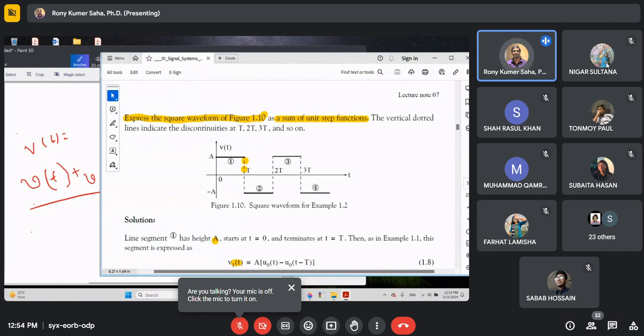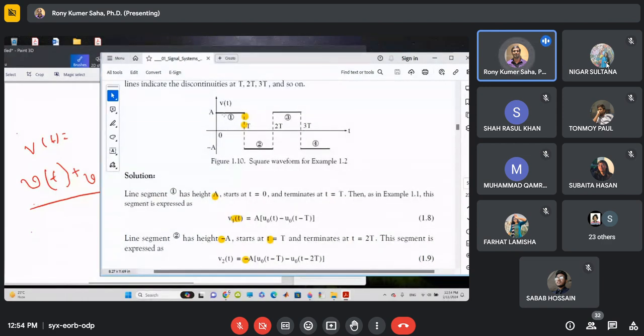If you know the Fourier series response of the unit step function, that's fine. You just have to change some parameters. Like this one, you can represent u(t) minus u(t minus T). So you have u(t) from here and u(t minus T) from here, these two cancel, and you have this b1.